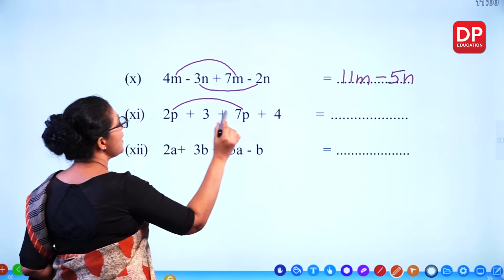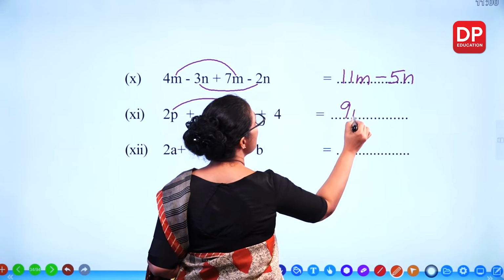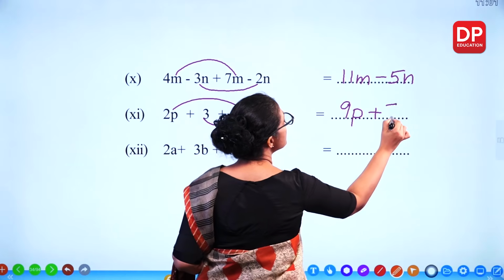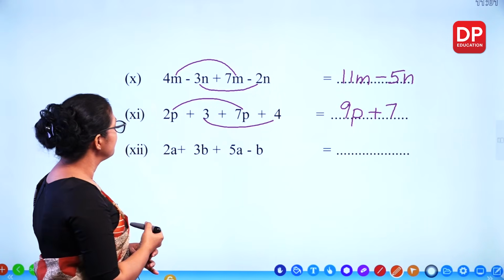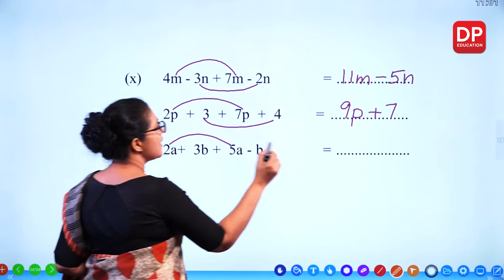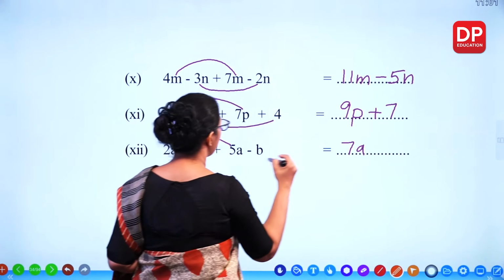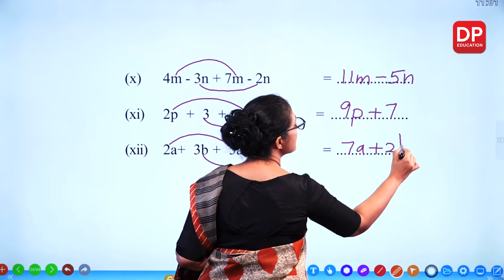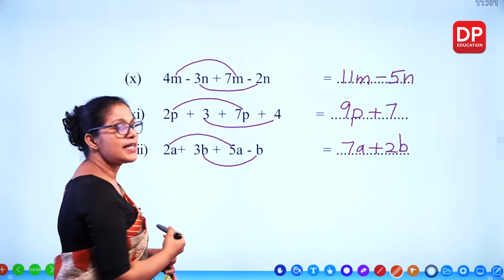2p and 7p, that's 9p. And 3 plus 4, 7. A terms you can add, 2a and 5a, that's 7a. 3b minus b, that's 2b. 3 minus 1.